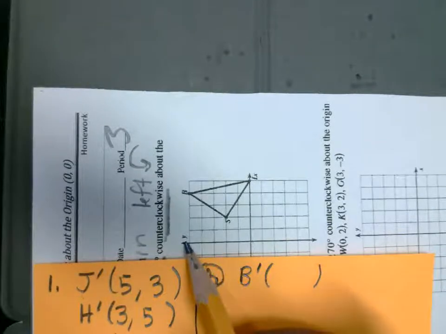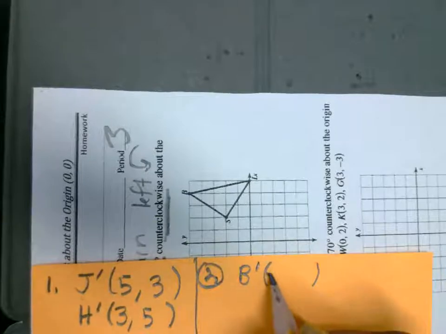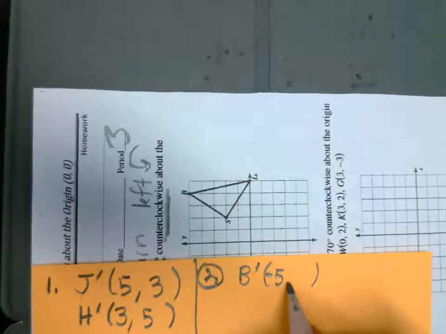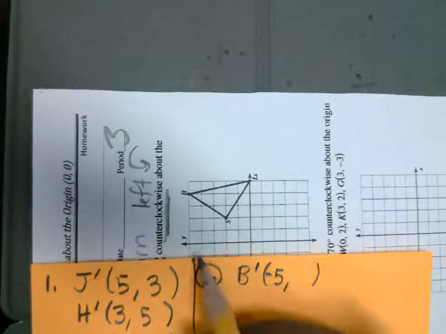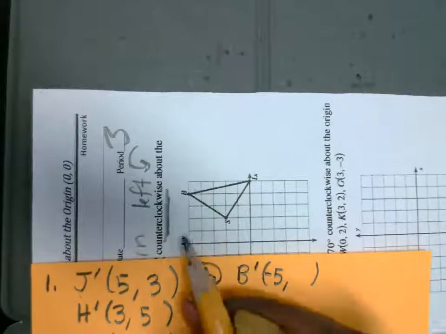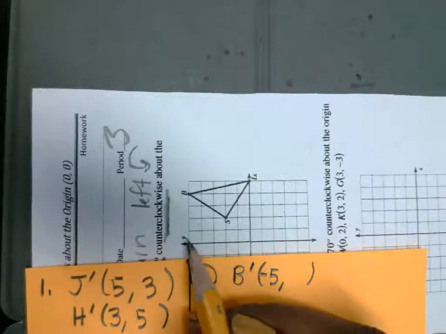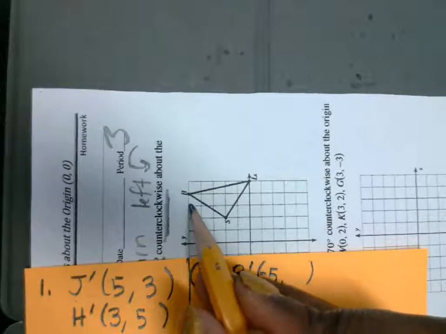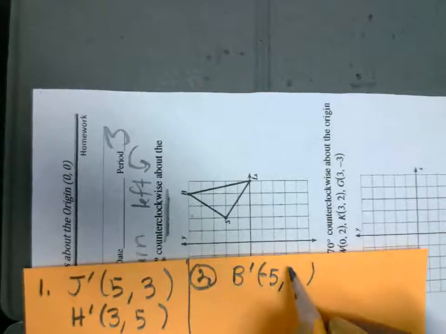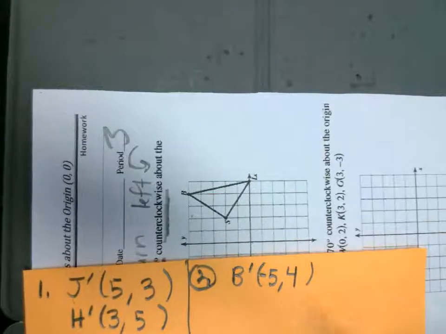So this is -5. Remember, left, right first. Left is negative. Now I'm going to go up. How far do I go up? Very good. 1, 2, 3, 4. So that's +4 because I went up. That's my new location for B, B prime.